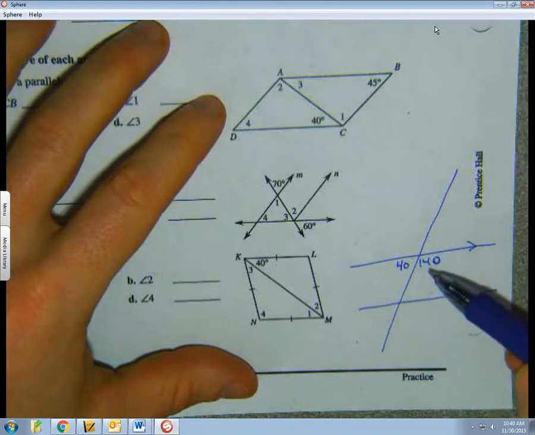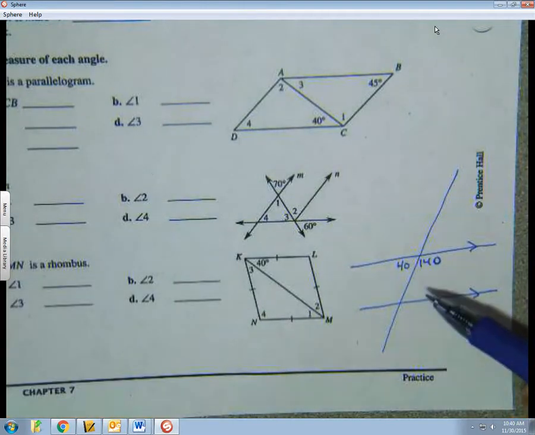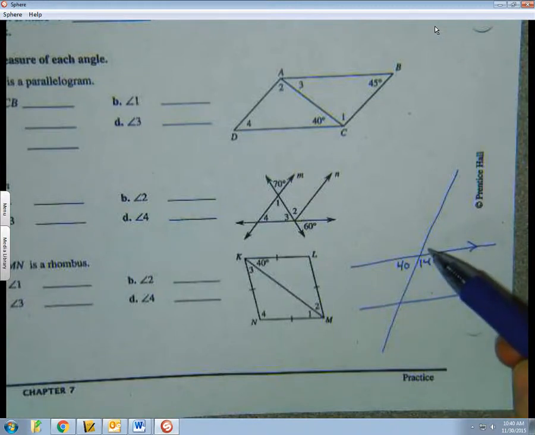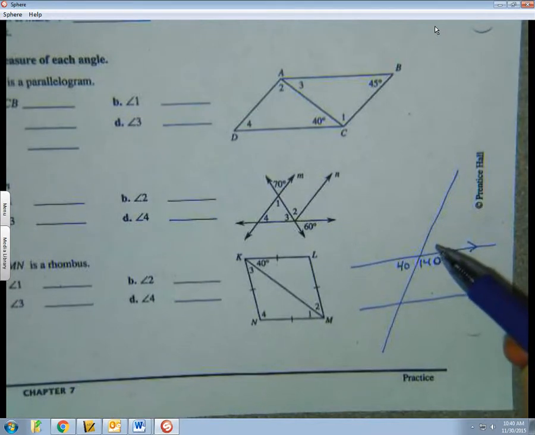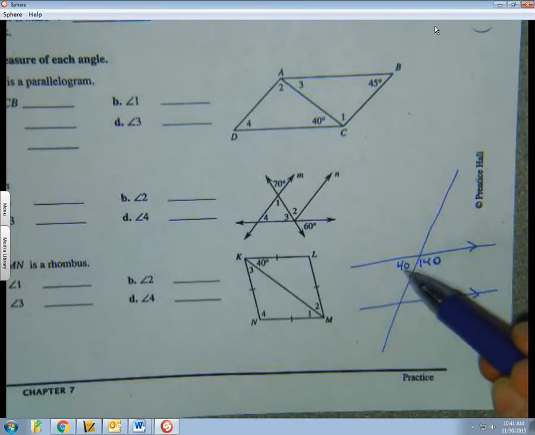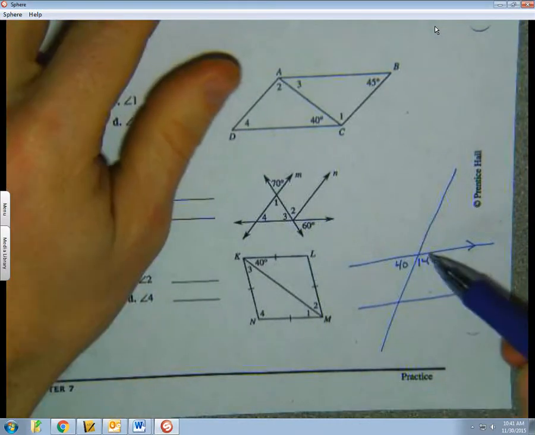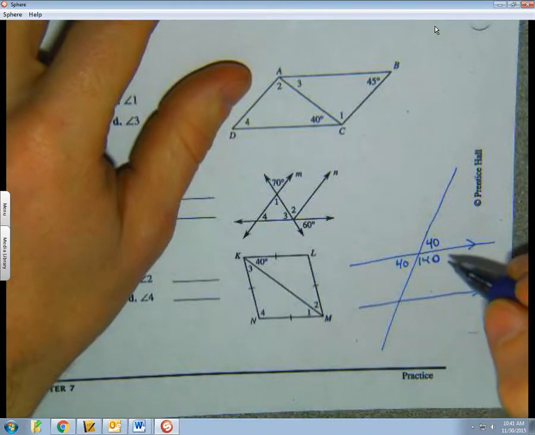The next thing you may notice is that this angle and this angle are, sorry, not a linear pair, excuse me, vertical angles. So vertical angles are the same. We've worked with that in the past, last chapter.